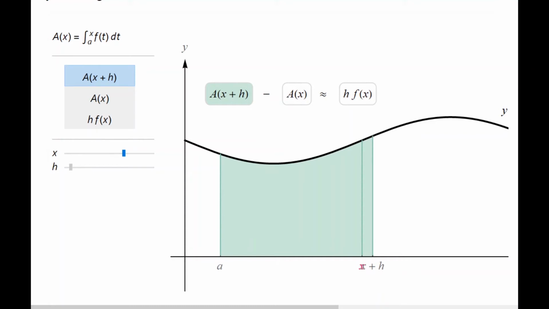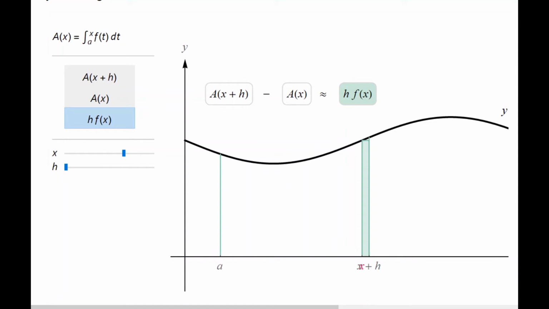There's a very minor change in f there. So the difference A of x plus h minus A of x, what you're seeing there is A of x, and this is A of x plus h, and the difference between those two is approximately equal to h times f of x, and that approximation gets better and better the smaller h is.